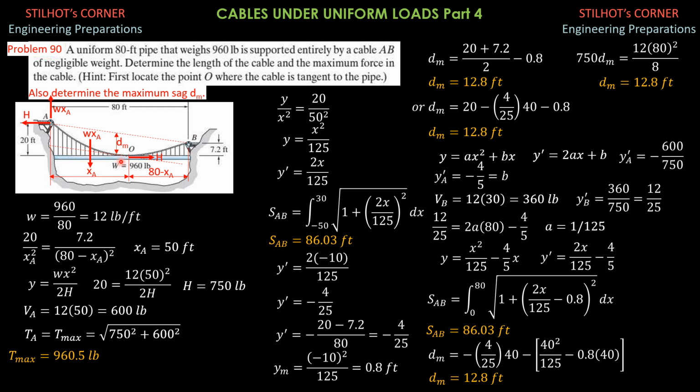So d sub m is the average: 20 plus 7.2 divided by 2. That's the average. Then we subtract that ym, 0.8, and you will get d sub m of 12.8 feet.